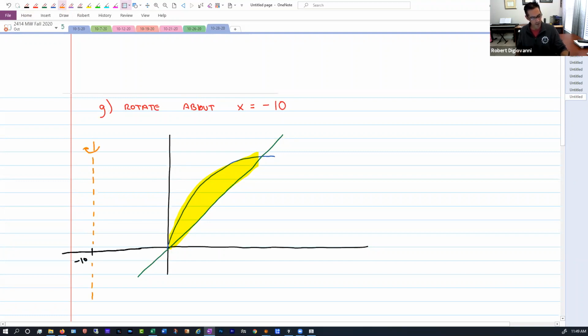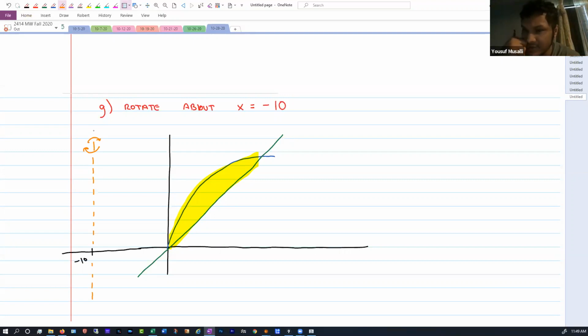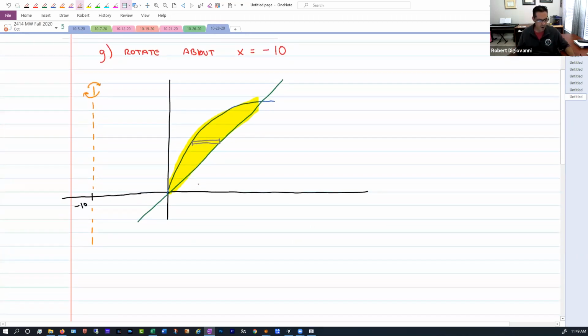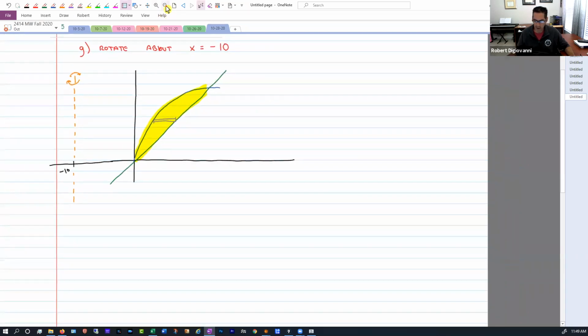We're rotating around here. So how would you venture that we go about this? Is that a vertical or horizontal rectangle? Rectangles use horizontal, yeah, we could use horizontal here. Now, if we do horizontal, then we need to draw our picture below this. So let me zoom out. Below this, I would have my rectangle.